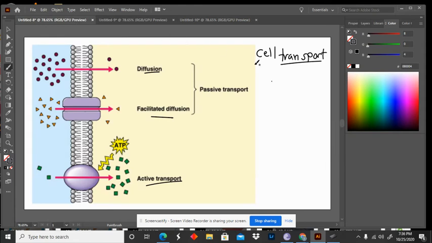Okay, so cell transport. We have our structure right here. What is that called? Cell membrane. It's also called plasma membrane.